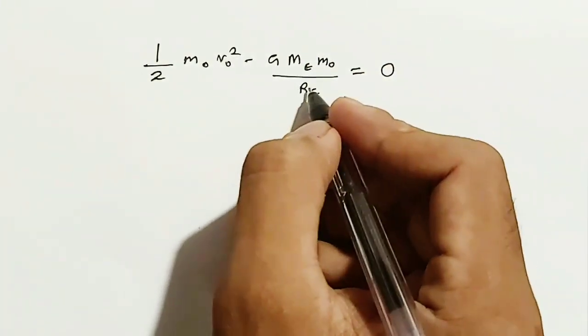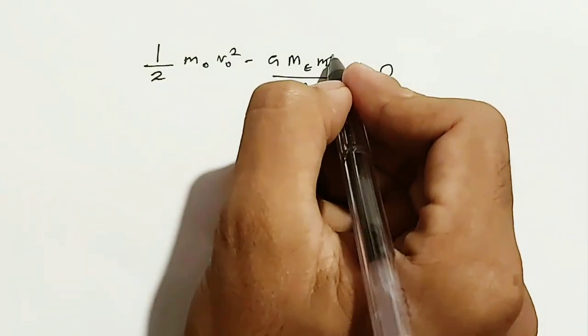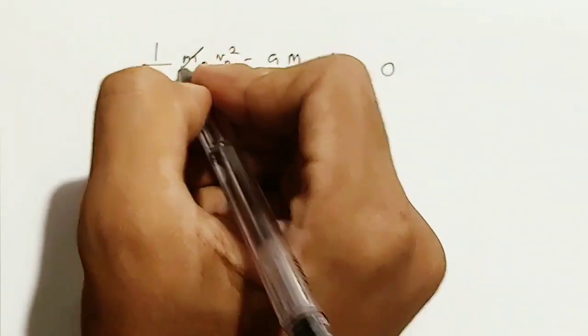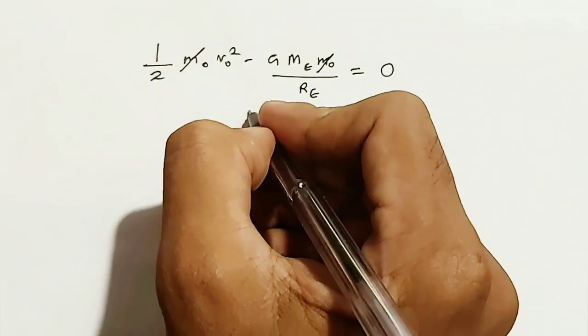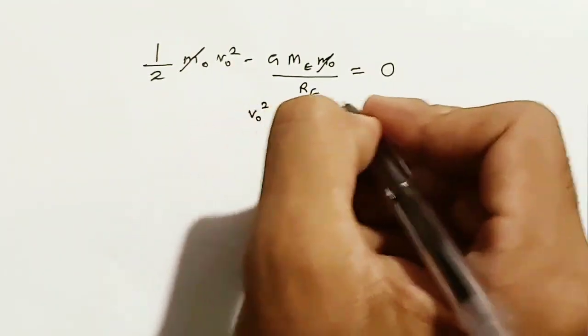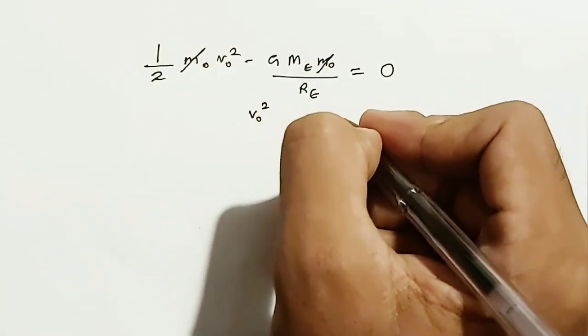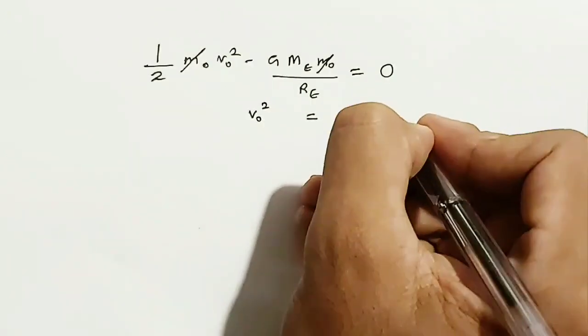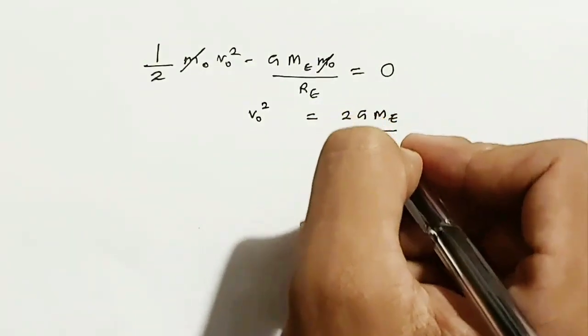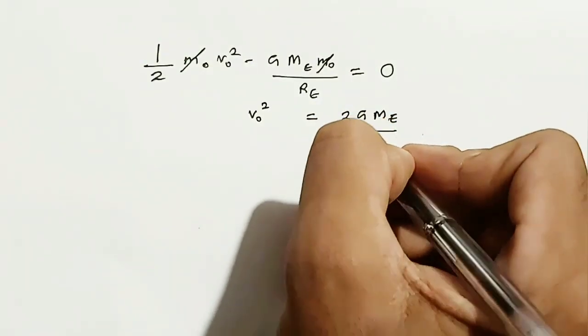We can simplify this further: m naught is cancelled off, and the equation which remains is v naught squared is equal to 2 times G times M_E divided by R_E.